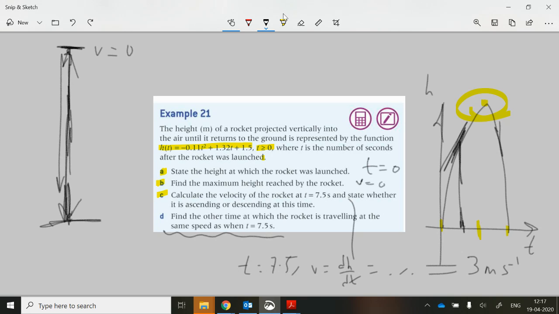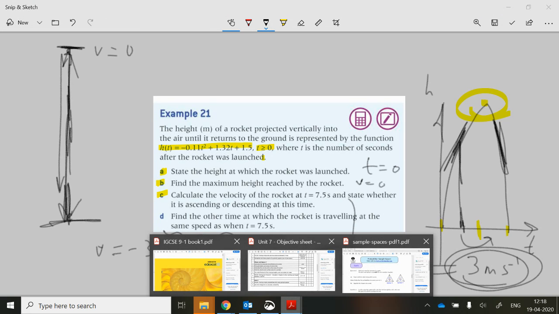But on the way down, there will be a point on the other side where it's coming down and it has the same speed, but a negative version of that velocity. So if your original velocity was 3, you'll need to set your v equal to -3, and then solve for t.